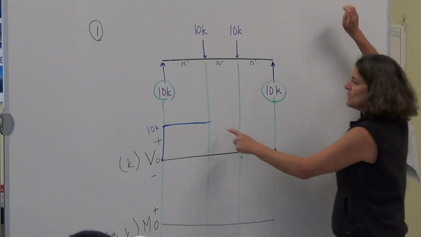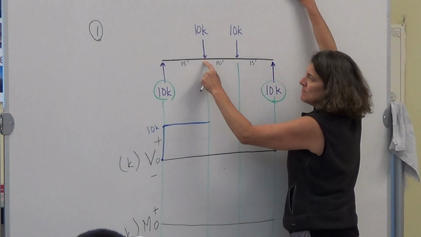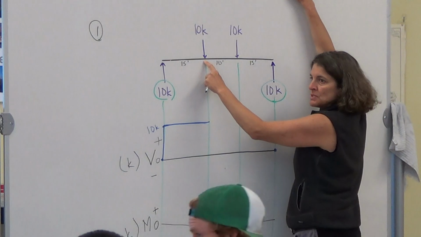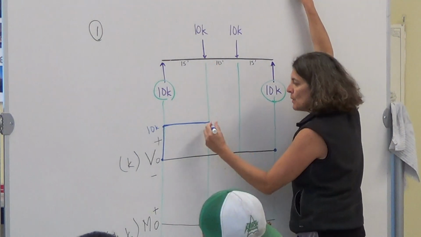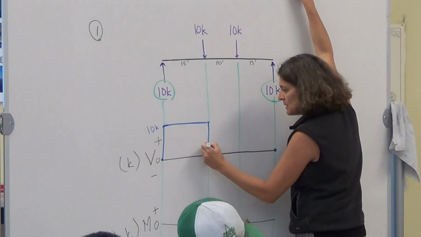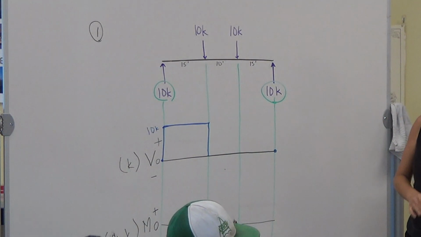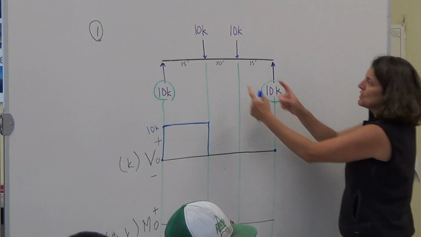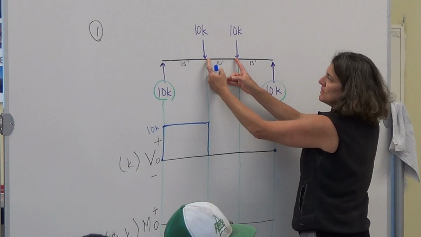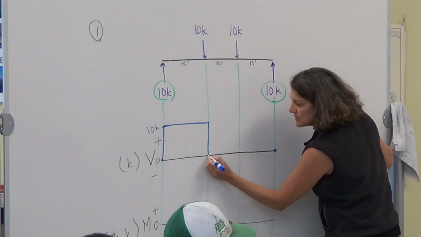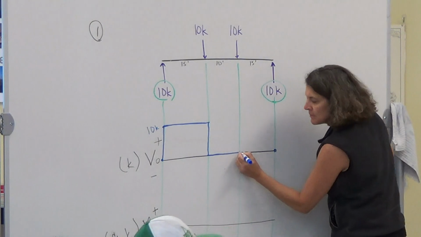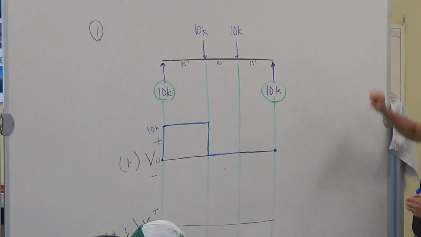Okay, what's happening now at this point on the beam? What's the load? 10 kips going down, so I'm going to draw 10 kips going down. And what's going on in here? Nothing, so it's going to stay the same. What happens next?